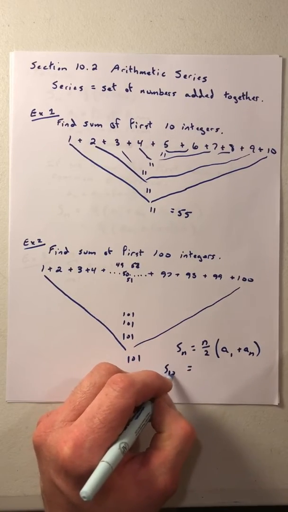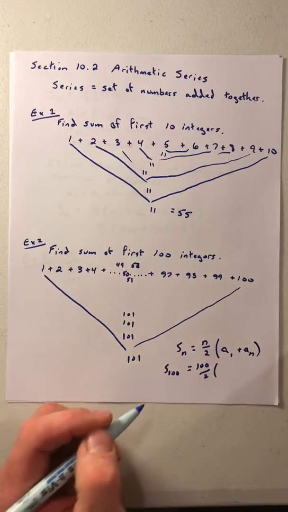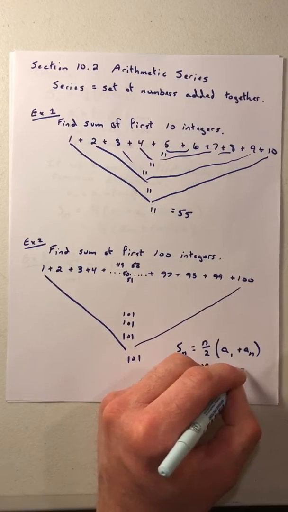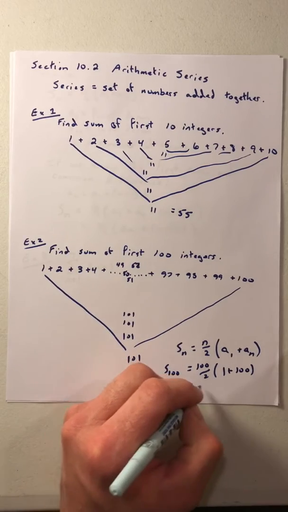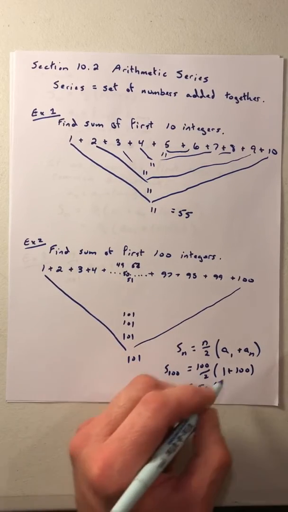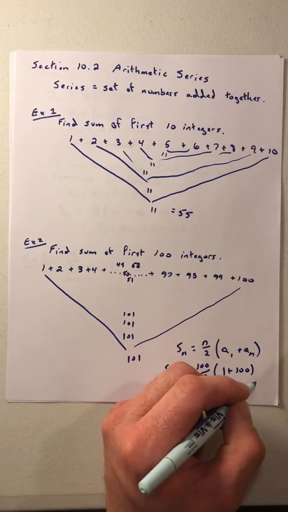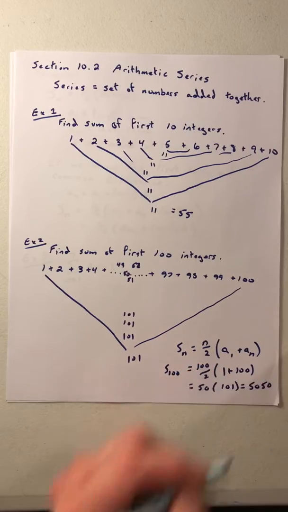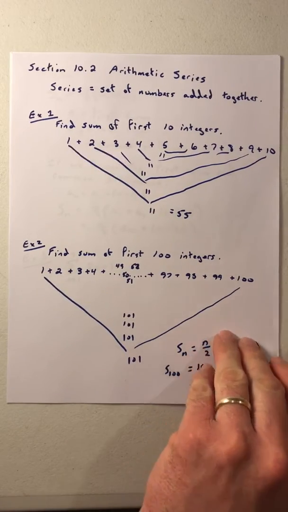So the sum of the first 100 terms is 100 divided by 2 times my first term plus the last term. I'll go ahead and write that out as 1 plus 100. Simplifying this, I end up with 50 times 101, or 5,050. And that would be the sum of the first 100 integers.